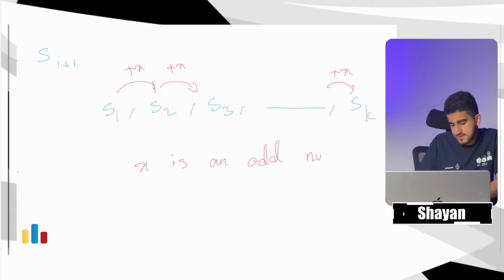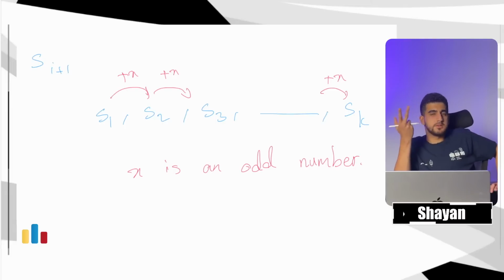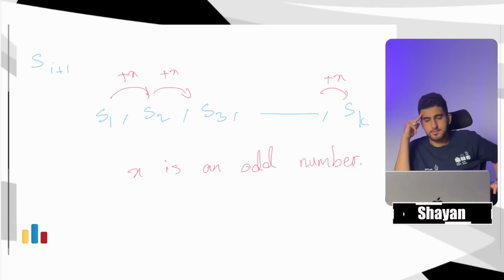Because if X was an even number, then again we could add something between S1 and S2. So this is our equilibrium.